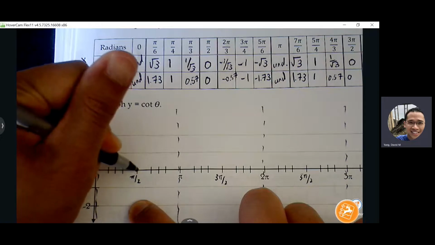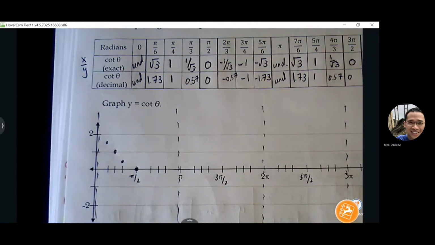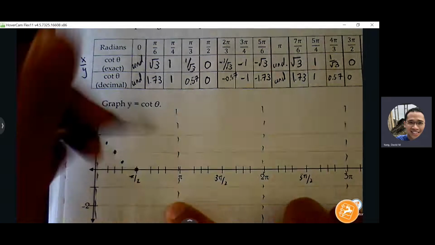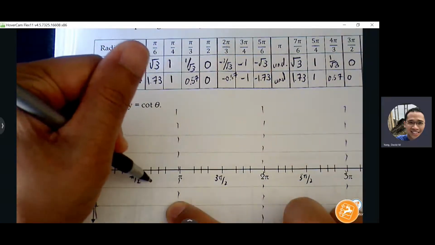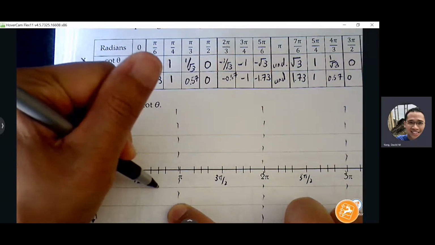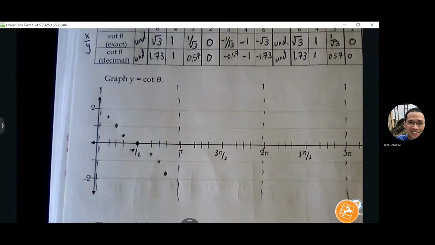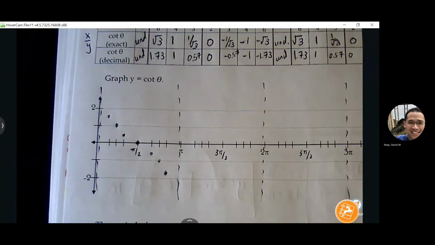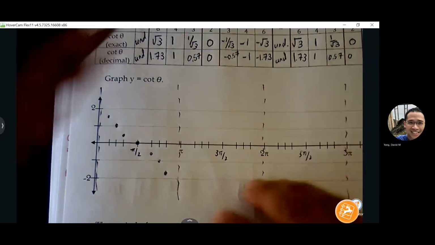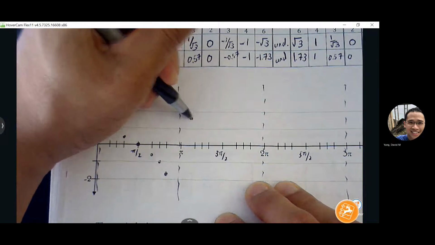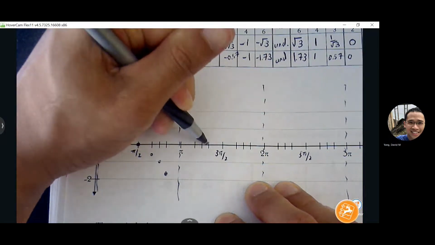And then pi over 2 is 0. Negative 0.57 is next. Negative 1, negative 1.73. After this, it's going to repeat itself. So fill those in.